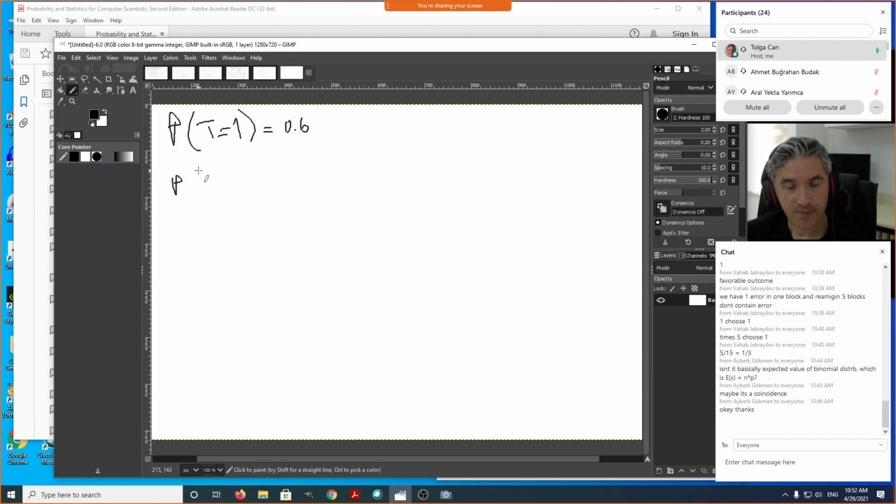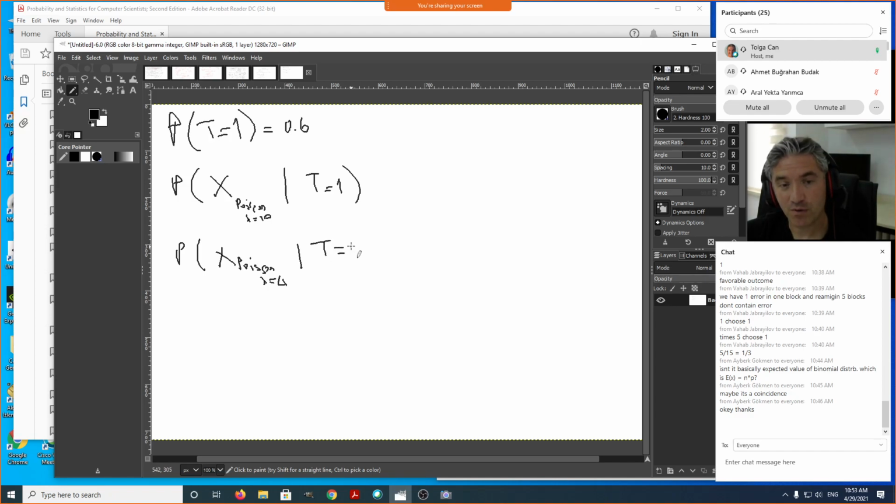And the number of accidents is a Poisson with lambda equal to 10 when we know that there is a thunderstorm, and when there is no thunderstorm, the same number of accidents has a different distribution with lambda equal to 4.